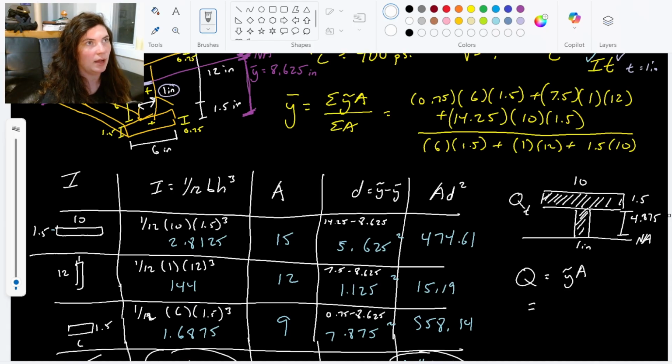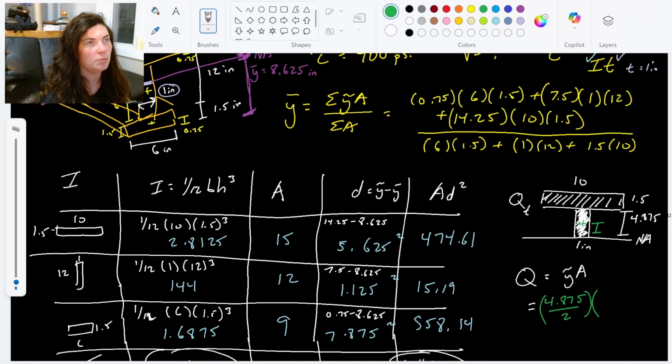So let's look at my skinny rectangle first, the lower rectangle here. Y tilde, my centroid, is right in the middle here, which is half of this 4.875 value. So 4.875 over 2, it's just halfway up here.